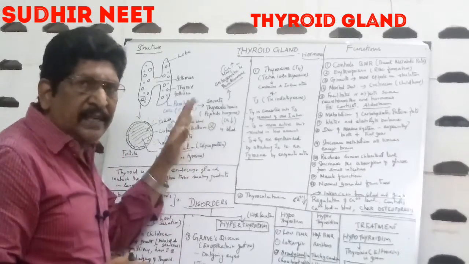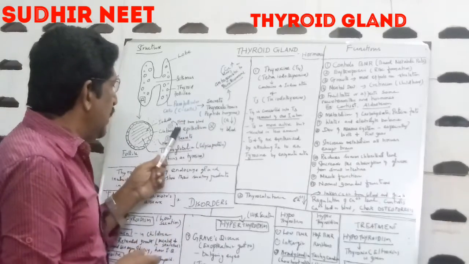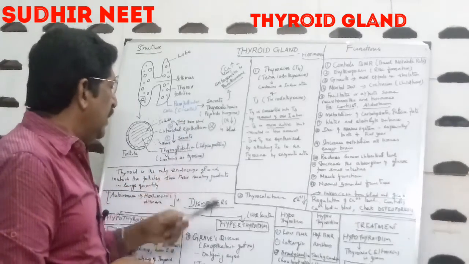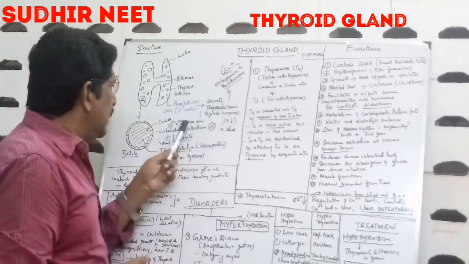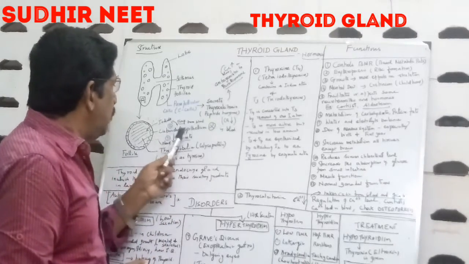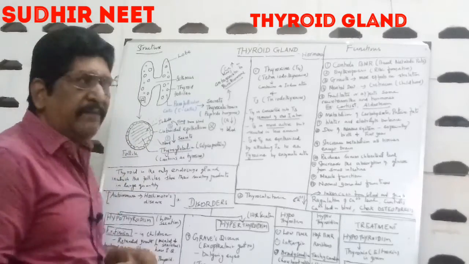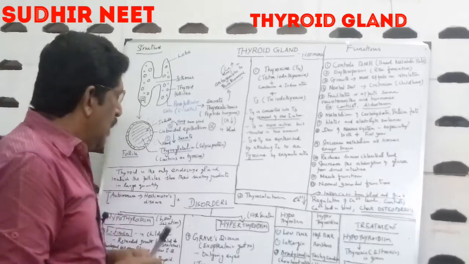So I have told you three MCQs. One, the cuboidal epithelium; two, thyroglobulin, a glycoprotein, a tyrosine amino acid derivative; and then it does another function, the cuboidal epithelium layer traps the iodine from the blood and gives it inside the follicles, right?